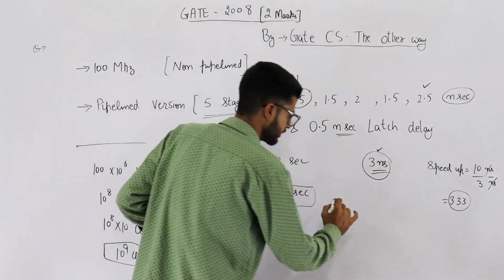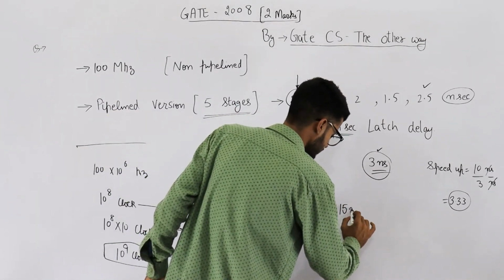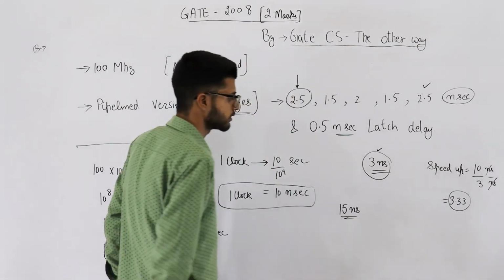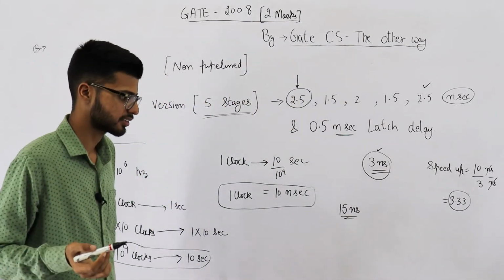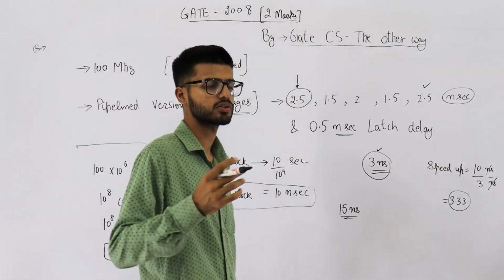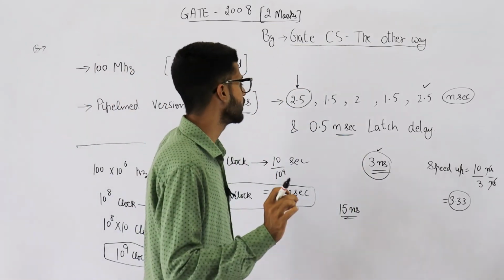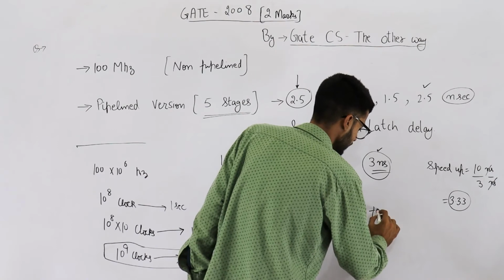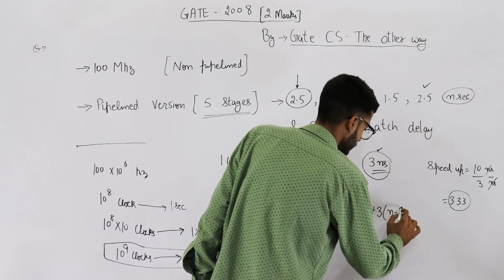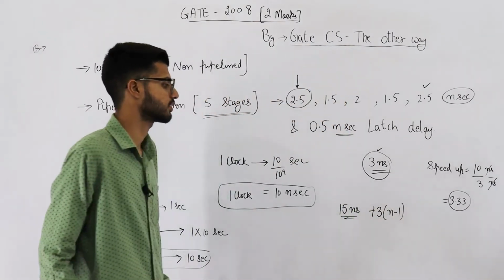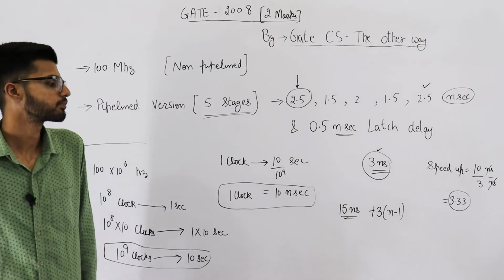That means 15 nanoseconds. First instruction requires 15 nanoseconds. But every other instruction, that means second, third, fourth, so on till a very large number, each of them is going to take 3 nanoseconds only. So the remaining n-1 instructions will take 3 nanoseconds.